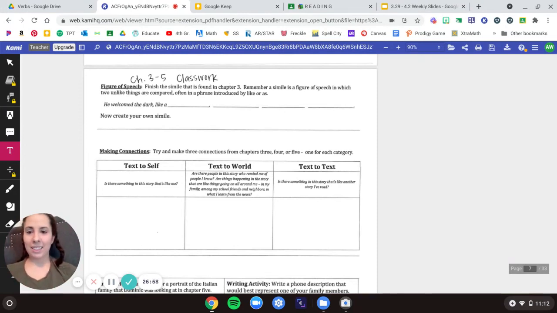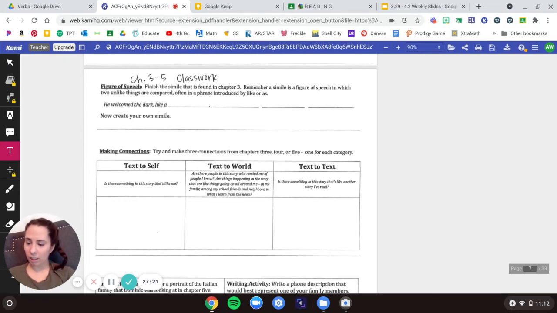All right, let's take a look. We're going to finish the simile that was found in chapter 3. So let's find chapter 3 in our books. Alright, that's chapter 4. Alright, chapter 3.